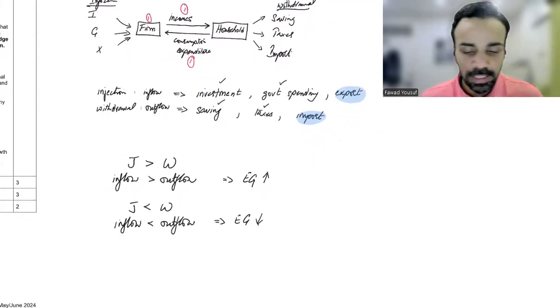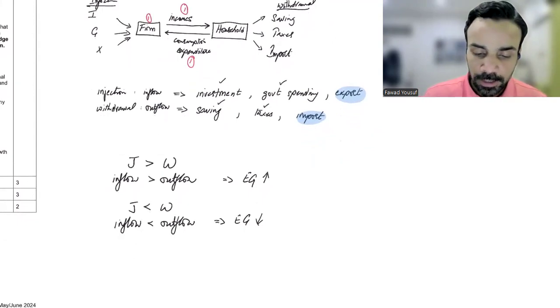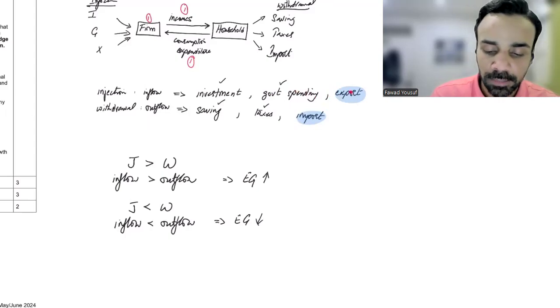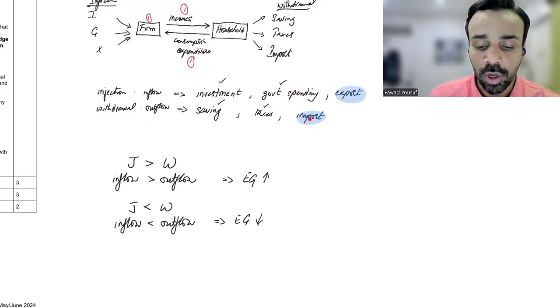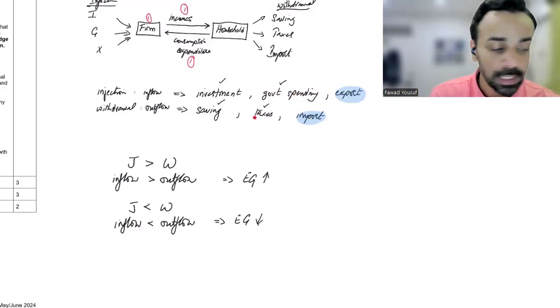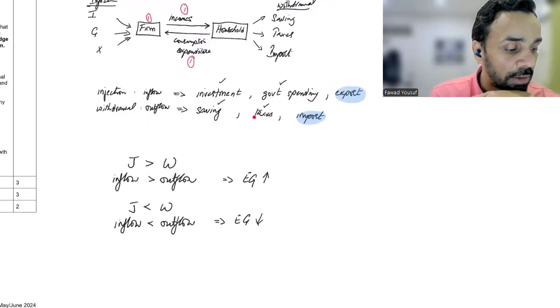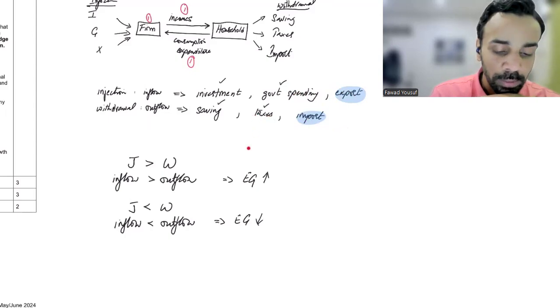I think the way they'll give you marks is for your explanation. I remember what we did, we saw whether along with exports another injection was written or not, and along with imports another withdrawal was written or not. So we gave 1 mark for that and 1 mark for this and 1 mark for this.